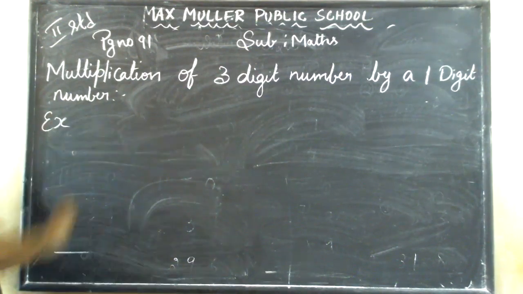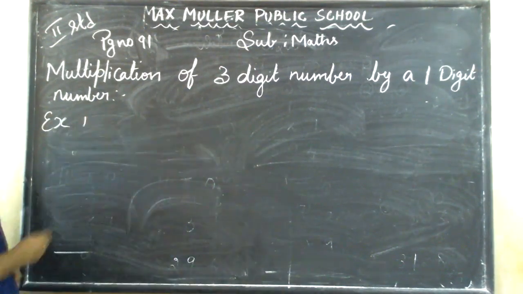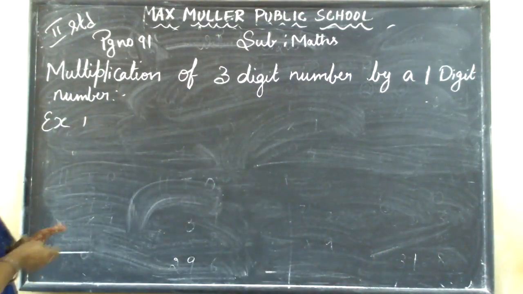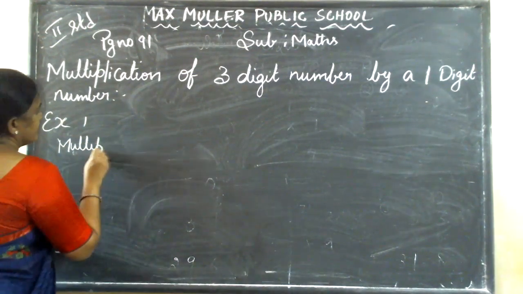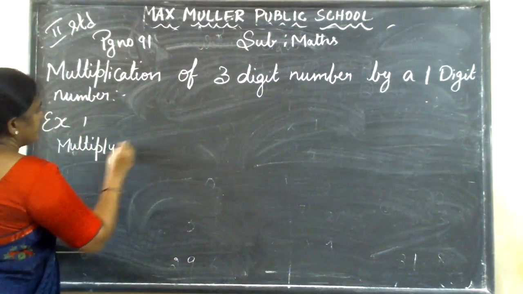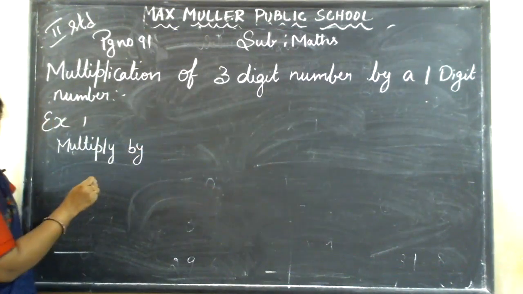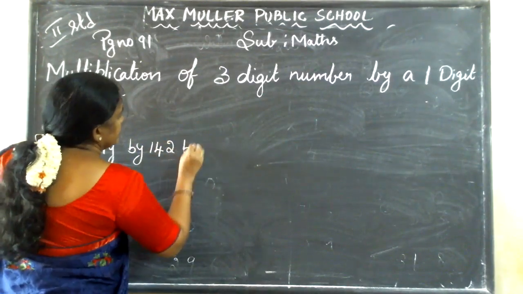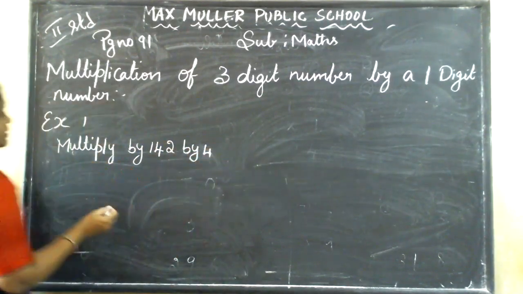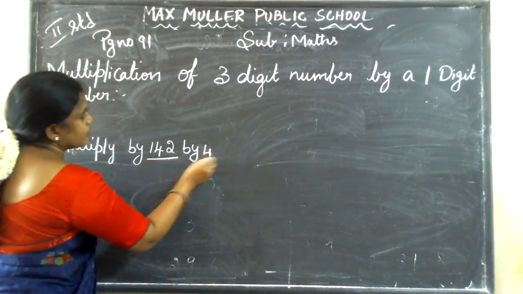Example 1. First we want to arrange the sum, children. Multiply 142 by 4. See, this is a 3-digit number, this is a 1-digit number.